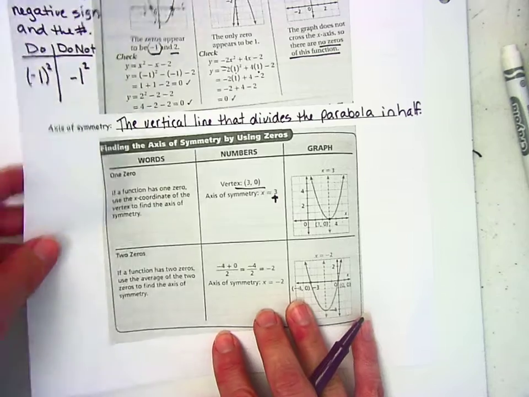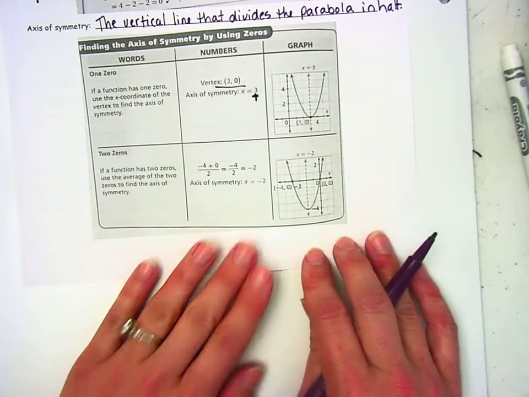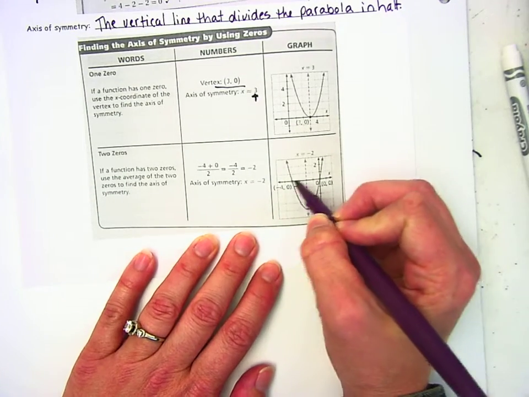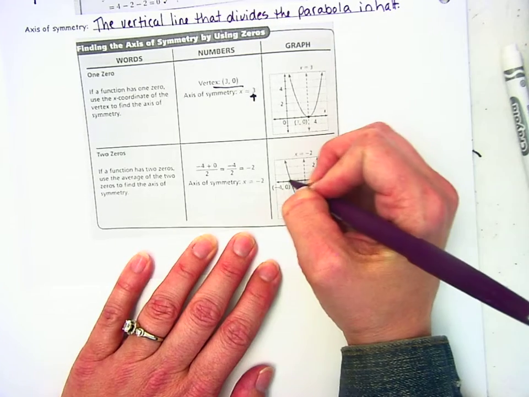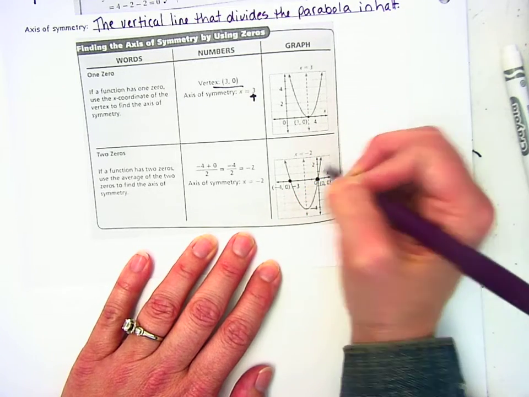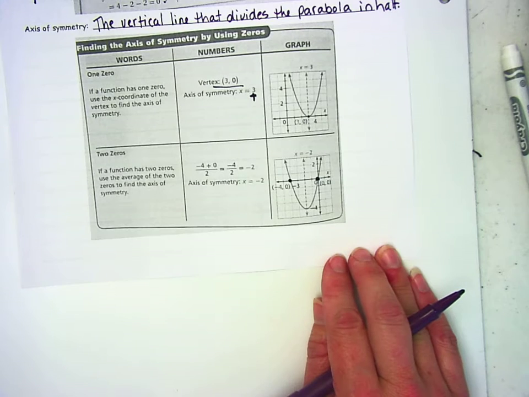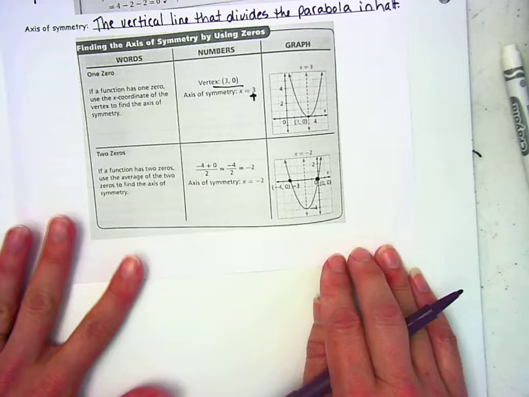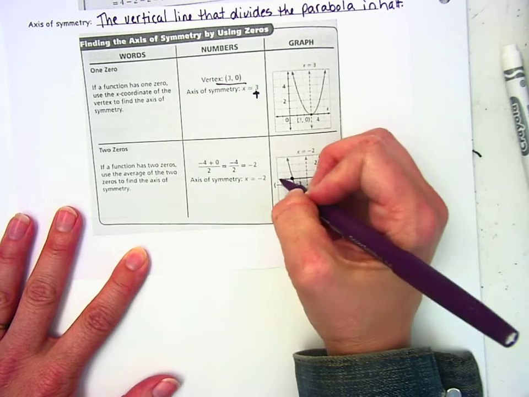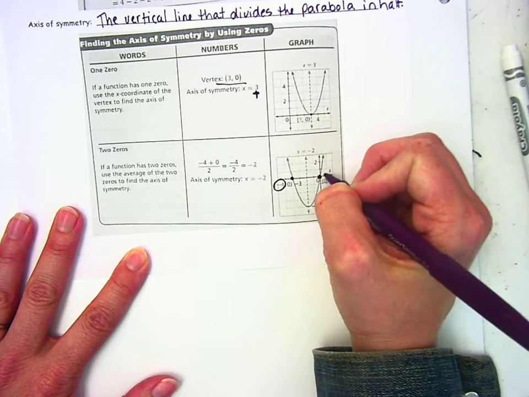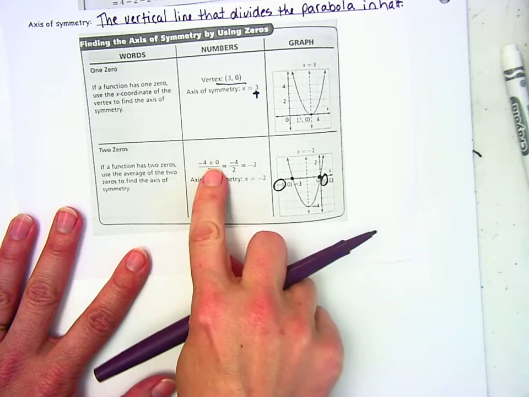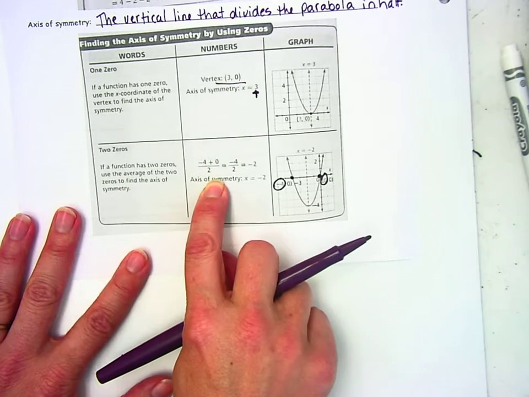Now, I have 2 zeros, so it doesn't touch just at that one spot. You have two different spots. How do I get the average of two numbers? Add them together and divide by 2. There you go. You're going to take your x values, -4 and 0 in this situation, add them together and divide by 2.